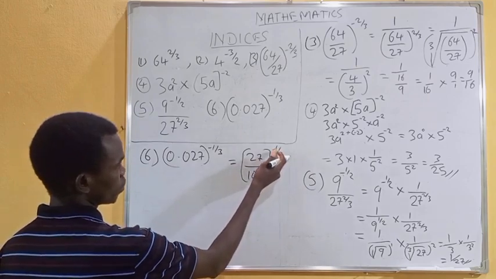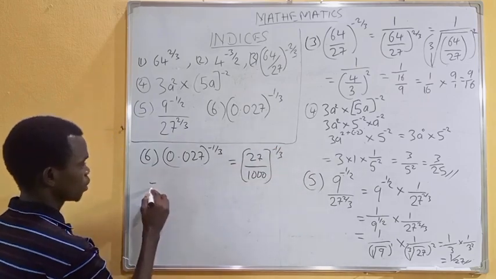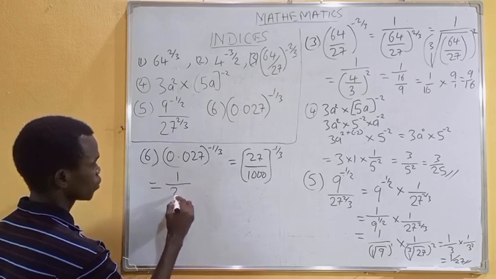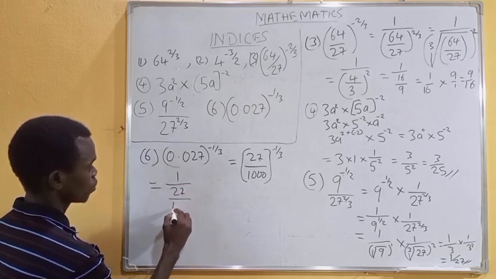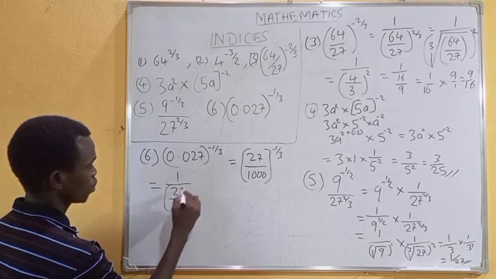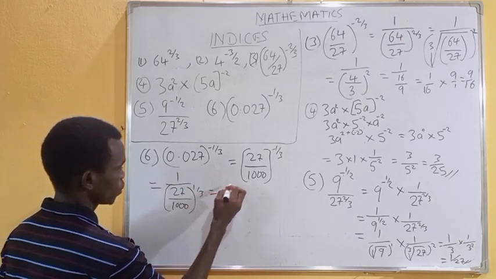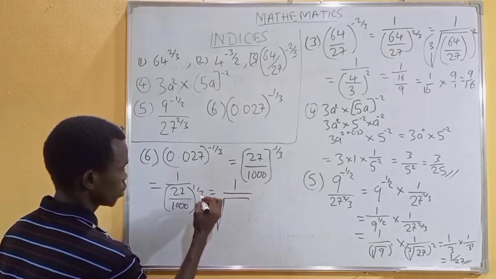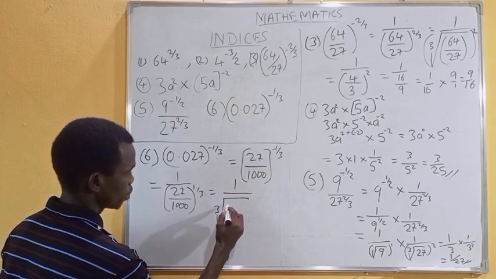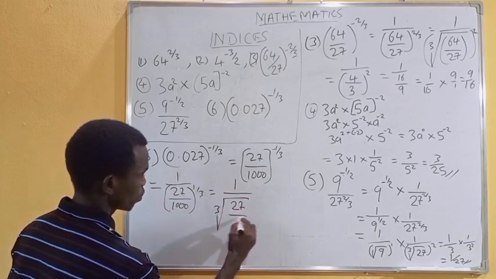Now, we have to remove this negative, which will now be 1 divided by 27 over 1,000 all raised to the power 1 over 3.